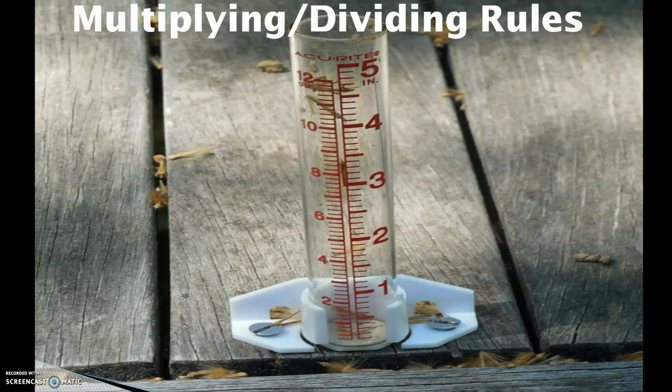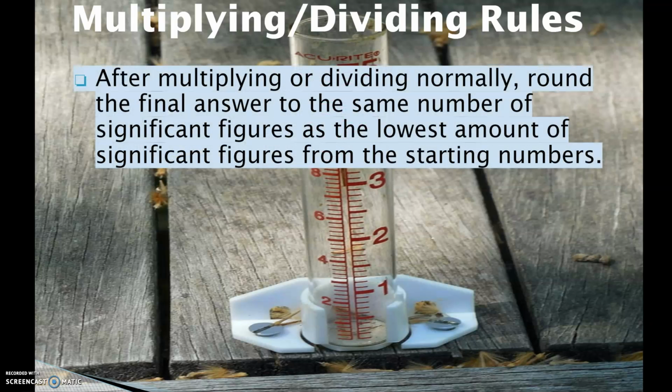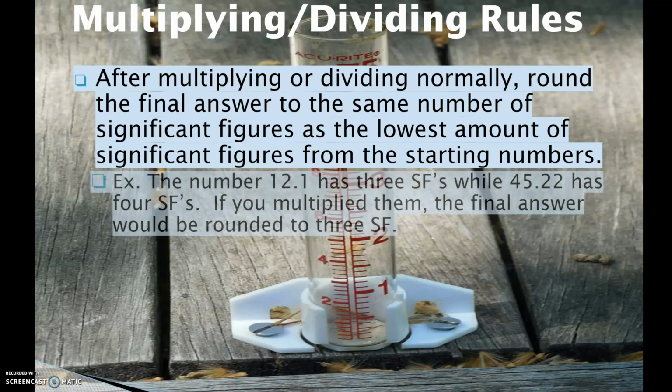With multiplying and dividing, we have a different set of rules. After multiplying or dividing normally, you will round the final answer to the same number of significant figures as the lowest amount of significant figures from the starting numbers. Here's the example.